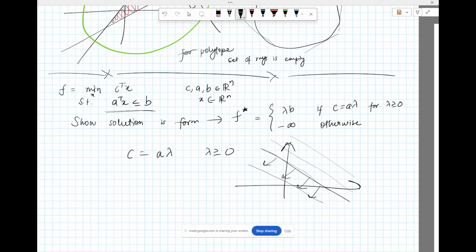So what is happening is, if I put c equal to a lambda, I get lambda a transpose x, and the maximum value that a transpose x takes is b. So I'll get lambda b.